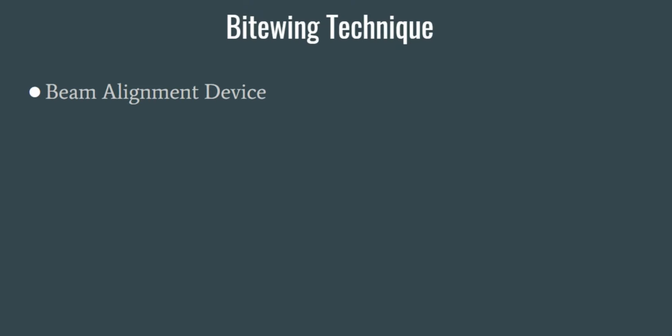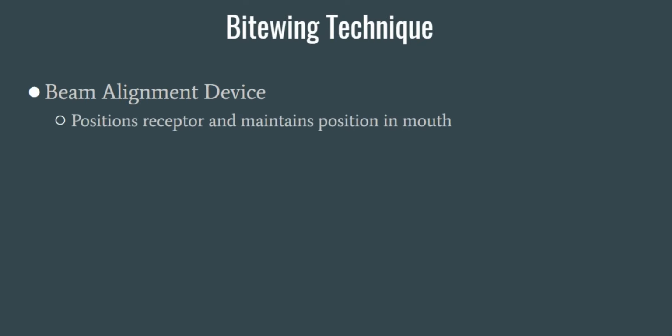With this technique, we also have a beam alignment device or a film holder, and this is going to position the receptor and maintain position in the mouth. So it's going to help keep it where it's supposed to be. And XCP is recommended for this technique as well.